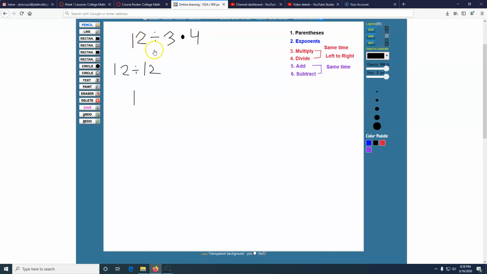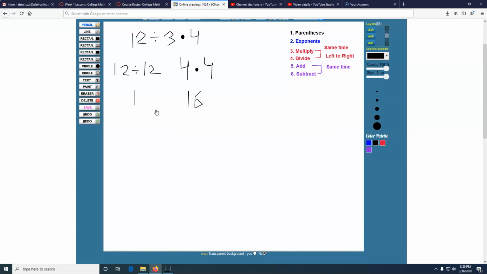So this actually happens first, the 12 divided by 3. And so, of course, if we do that, we end up with 4. And then we end up multiplying by 4 in the other case. And you'll notice here that this makes a huge difference in our answer. One of them is 1 and the other is 16.